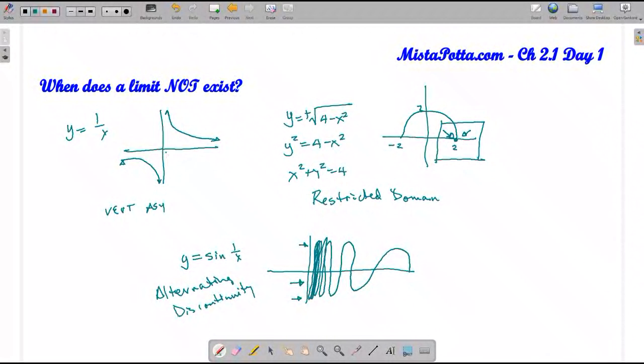Here my domain of 0 does not exist. Here my domain of 0 does not exist. And so what we're going to talk about the rest of this week is how to deal with limits when I can't do a direct substitution, when these properties of limits fail me. And so that's where we're headed.